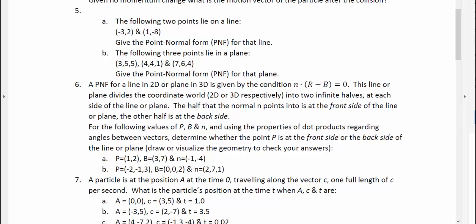So the idea here is that we have the point P, and then we have the point normal form of a line, where B is a point on the line, and N is a vector. So let's look at it something like this.